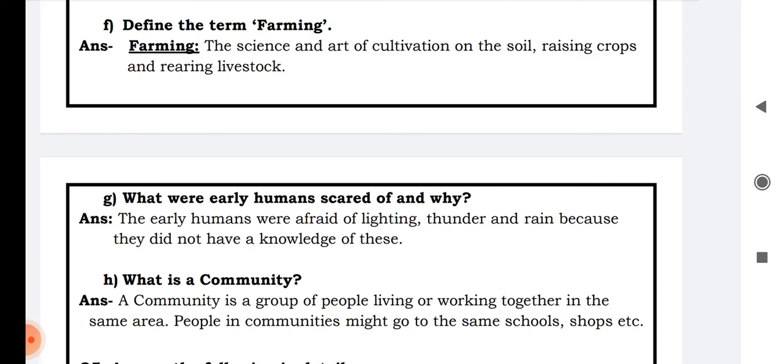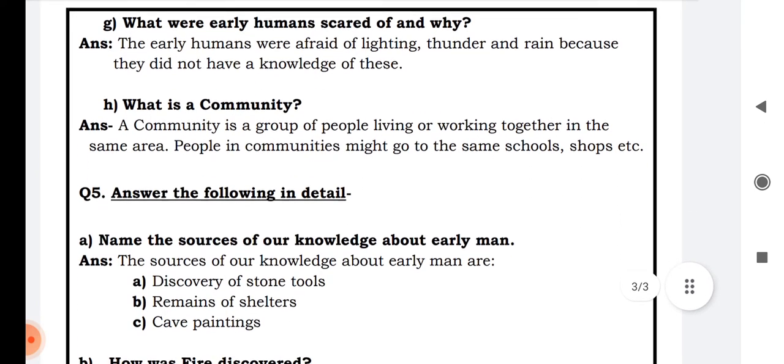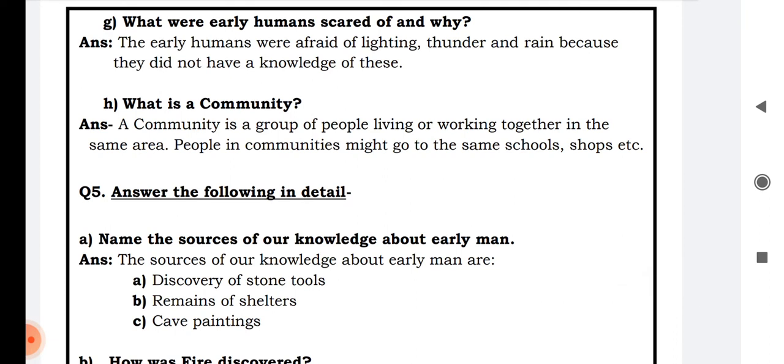That is farming. G. What were early humans scared of? So, children, let us see. The early humans were afraid of lightning, thunder, and rain because they did not have knowledge of these.